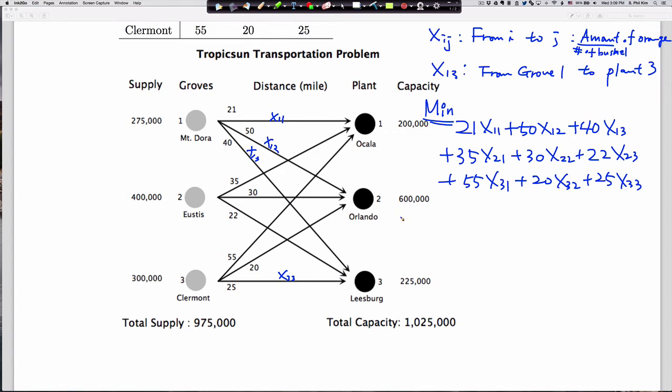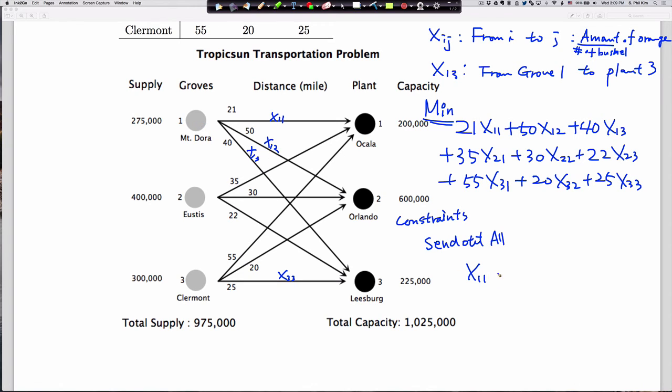So what are the constraints? The constraint is I have to send out all of this, right? So how many bushels of orange will be sent out from group 1? x11 is from 1 to 1.